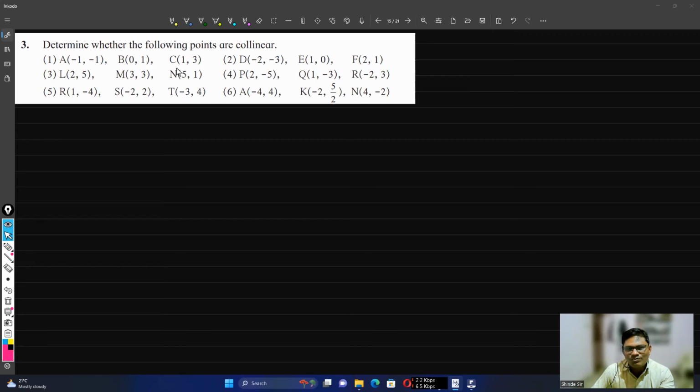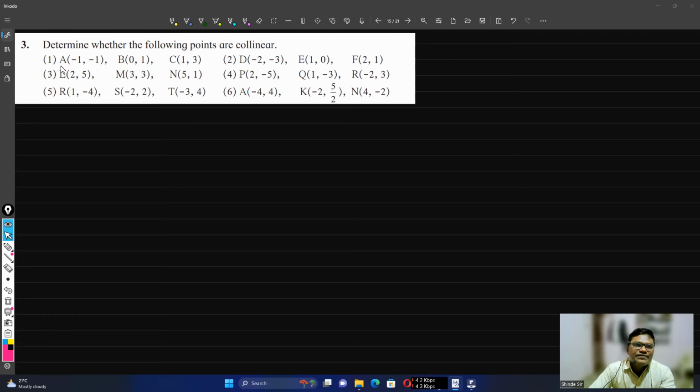And if the slopes of those 2 segments or 2 lines are equal, then those 3 points are collinear, or they are not collinear if we do not find the slopes of any 2 lines equal.